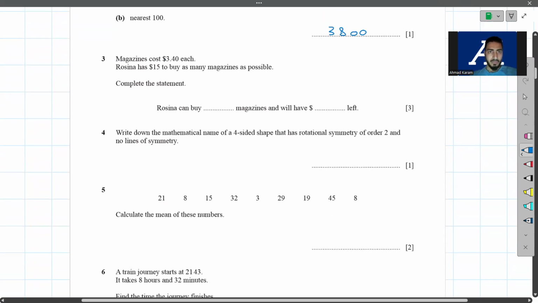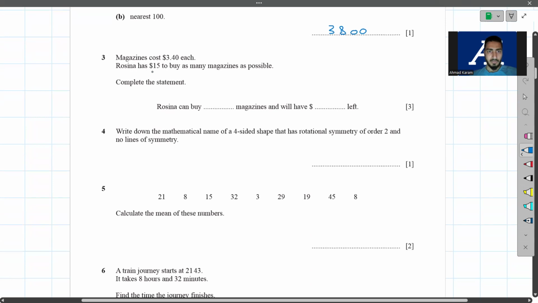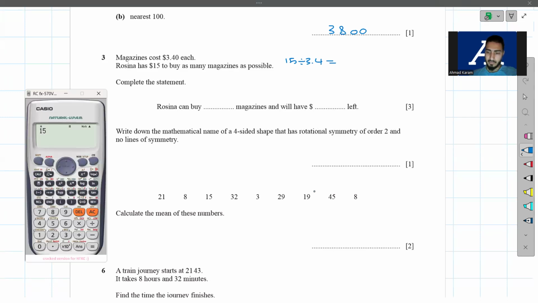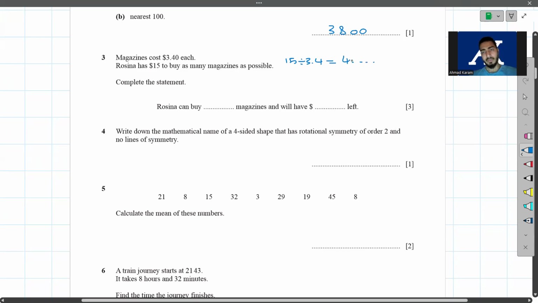Magazines cost $3.4 each, and she has $15 to buy as many as possible. So how many can she buy and what's left? Here we can divide first, 15 divided by 3.4, which is equal to 4 point whatever.